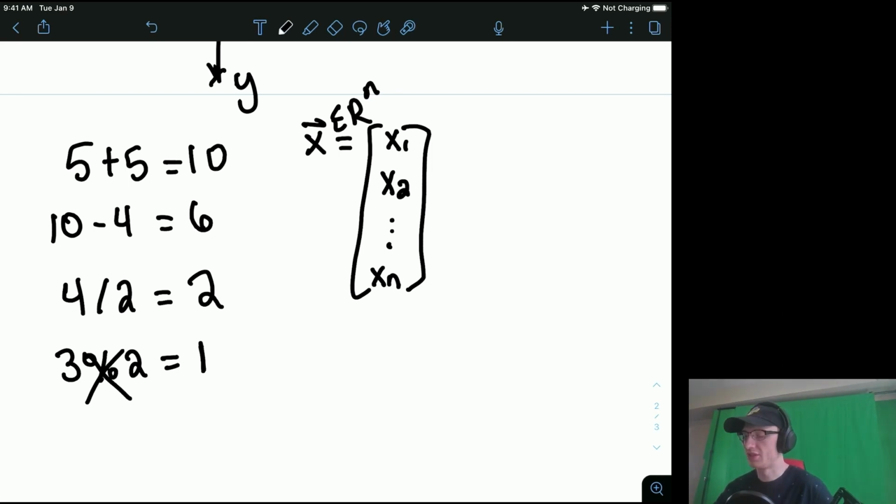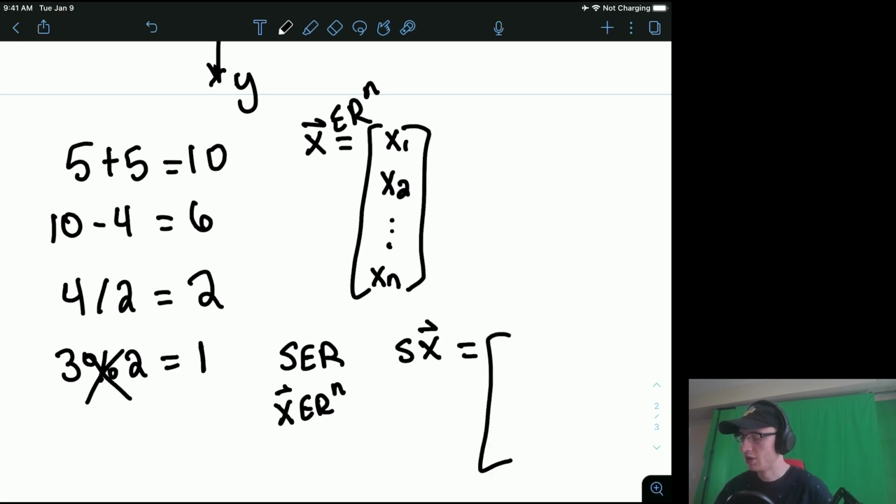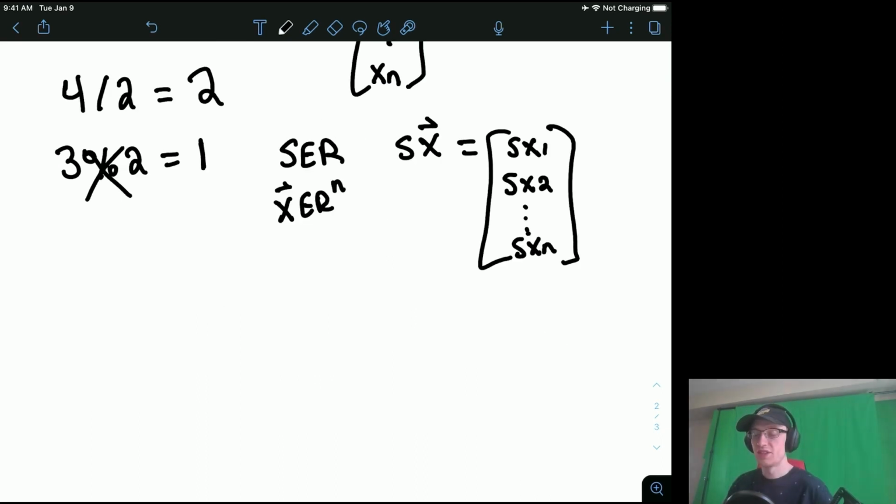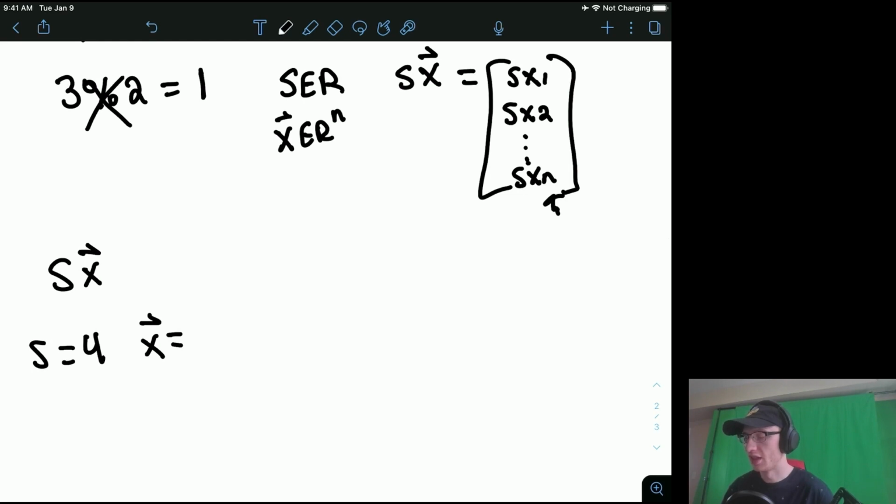So if we did multiply a scalar by a vector, that would be s, so some scalar, I'll write s in the reals, that's just some number, and then some vector, we'll write x in Rn. If we did s times x, well, that is simply equal to s times x1, s times x2, down until s times xn. So for example, maybe we did sx, where s is equal to 4, and x is a 2-dimensional vector, so n is equal to 2 here.